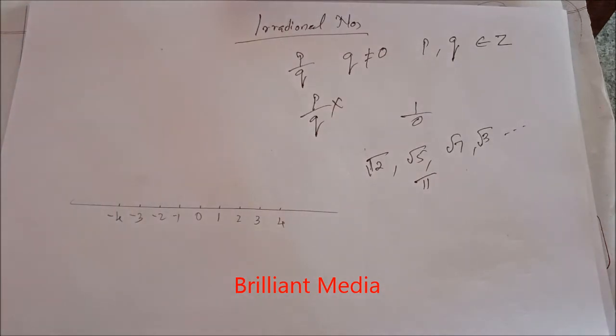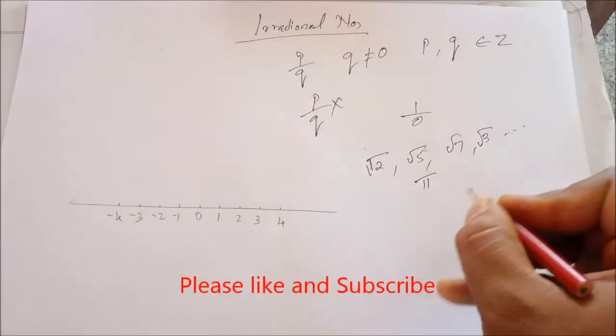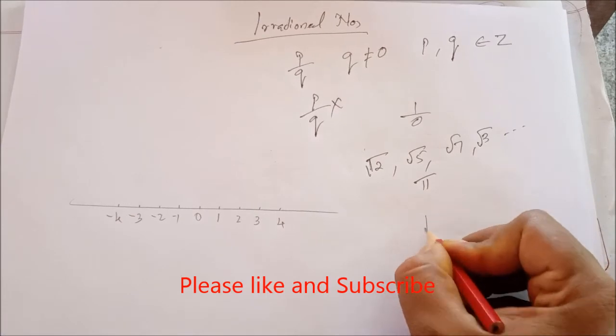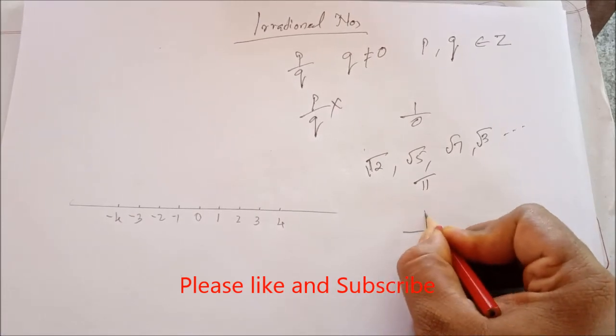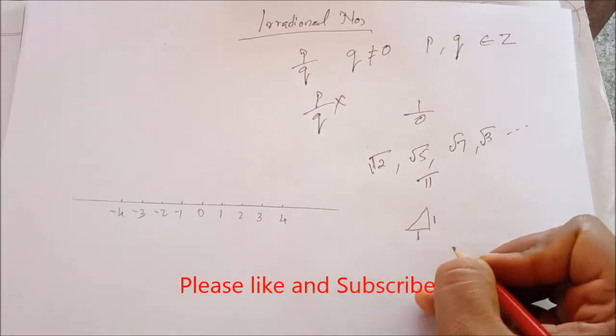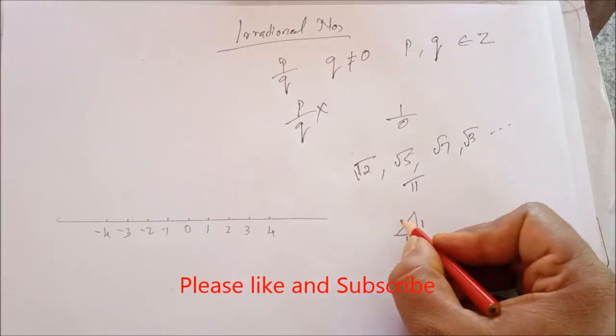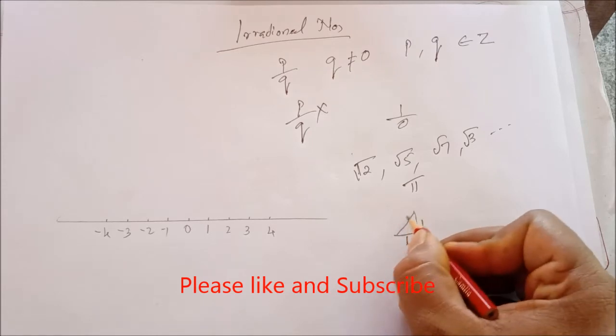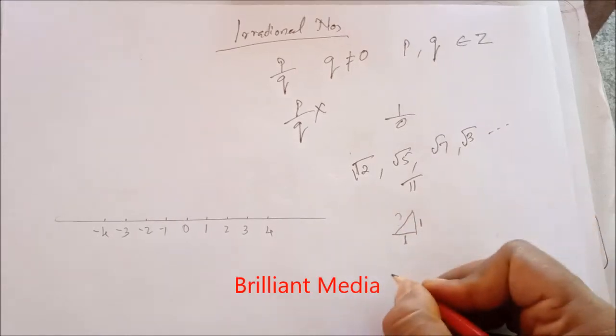Once we complete this, we have to draw a line at 1, because let us consider a right angle triangle with a 1 centimeter base and 1 centimeter height. Then by Pythagoras theorem, could you tell me the length of the hypotenuse?